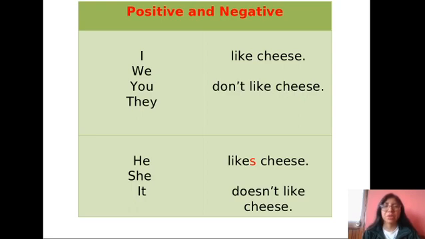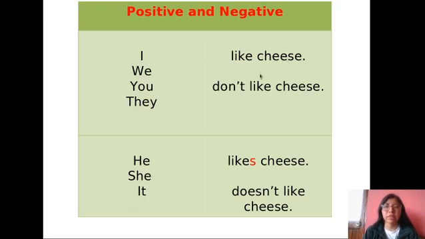Okay, pay attention here. Here we have positive and negative sentences, okay? For example, I like cheese in an affirmative sentence. In negative, I don't like cheese. You like cheese or you don't like cheese.